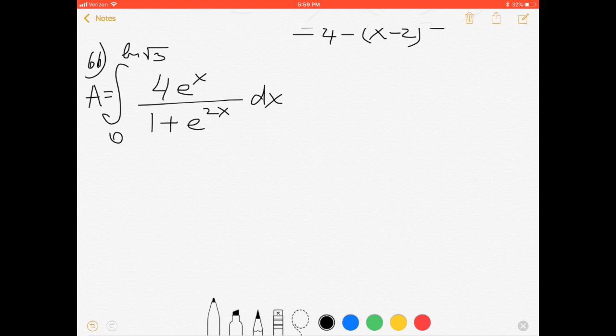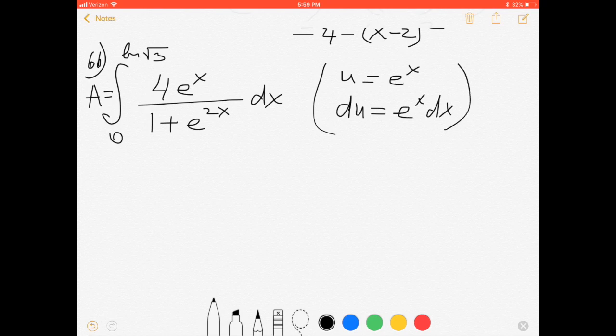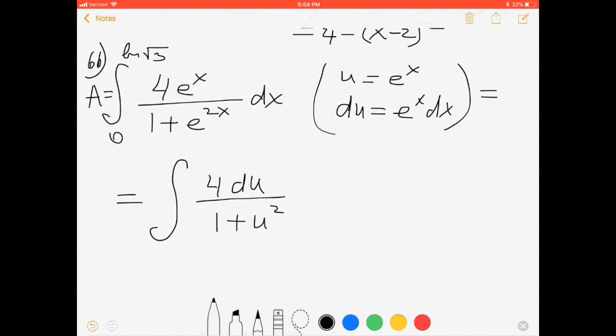I think we use substitution, to make our work more clear. U here is e to the power x. Du will be e to the power x dx. And now my integral will be 4 du over 1 plus u squared. Great.